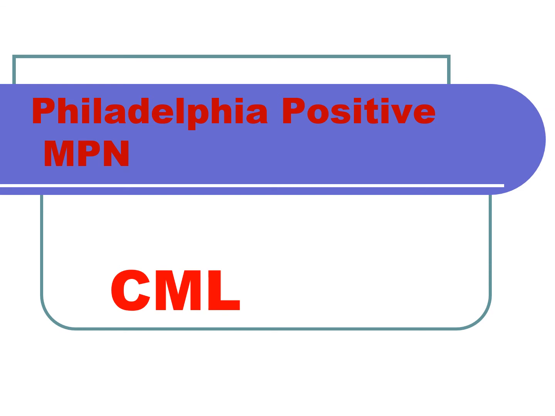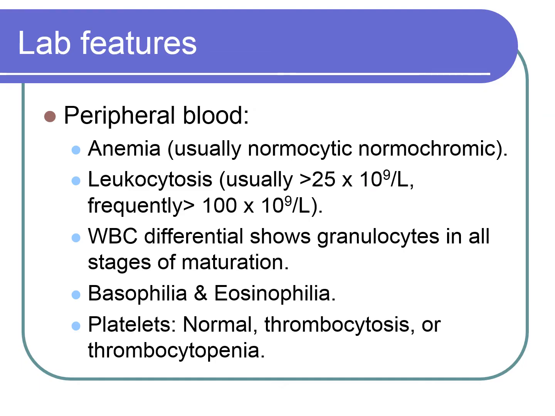It may be presented to you in a CBC, where a patient has a very high white blood cell count, and this patient may be a CML or chronic myeloid leukemia case. So we have to identify the laboratory features for this condition.